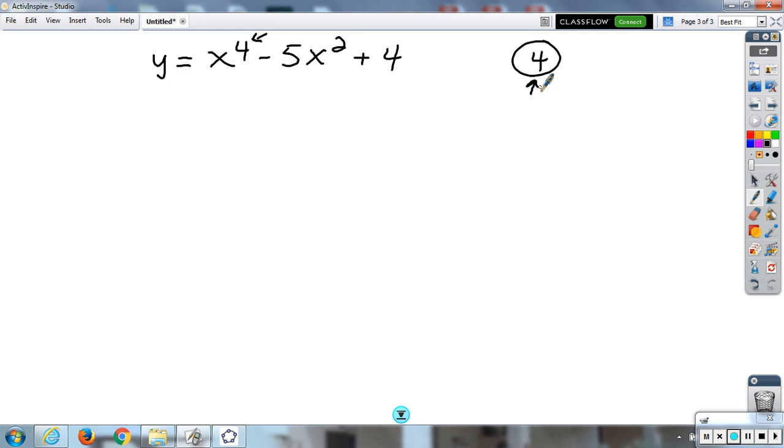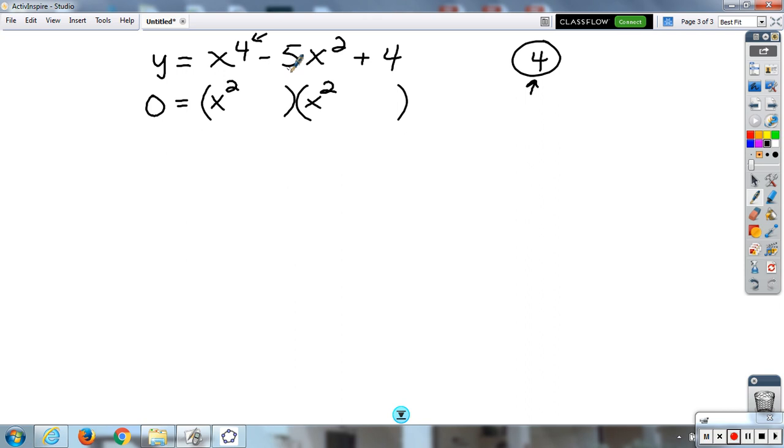So what are the roots? Well, we're going to set this equal to 0 and solve for x. This is an easy example because you can actually factor this like you would a quadratic, except we use x squared terms instead of x terms. The factors of 4 would be either 4 and 1 or 2 and 2.